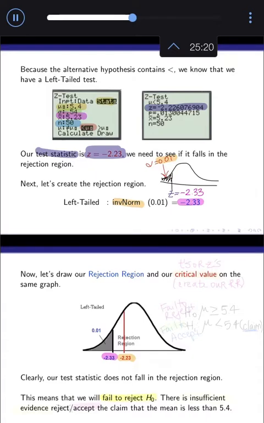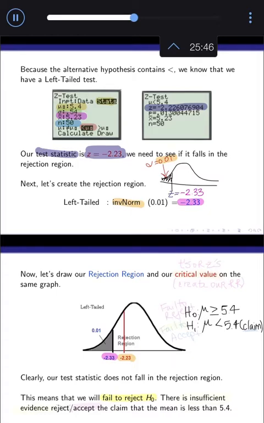What does that mean? Remember, H1 was our claim, which is that the mean mu is less than 5.4. And our H0 was that the mean mu was greater than or equal to 5.4.